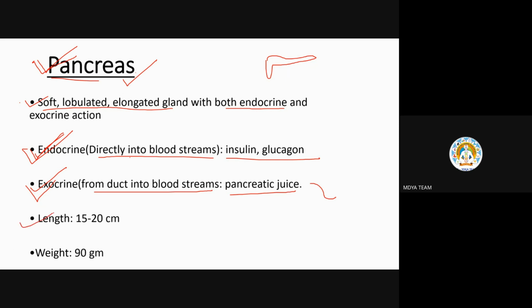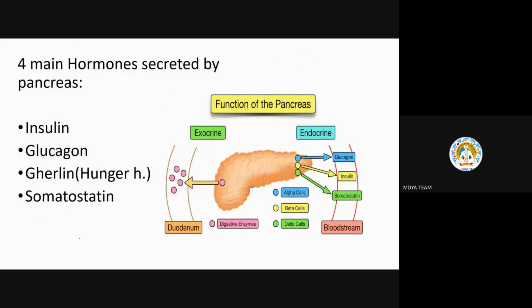Now, the length and weight of the pancreas. The four main hormones secreted by our pancreas are insulin, glucagon, ghrelin, and somatostatin.